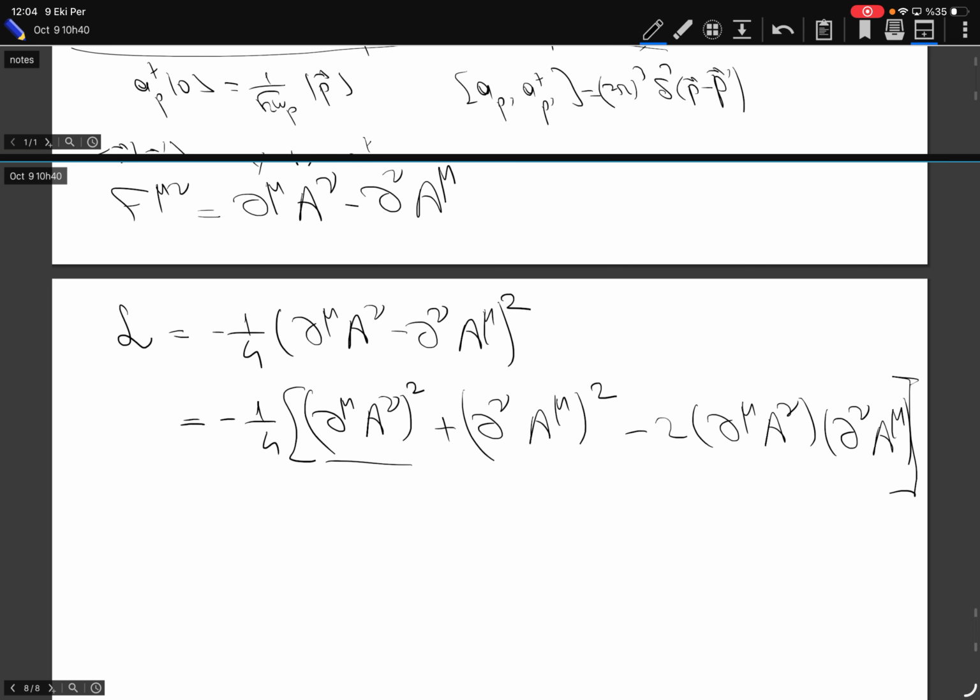Well, these two terms are identical. Do you see that? Because nu and mu are dummy indices. In the square, they appear twice. I can just change their names. So if in the second term I change the name nu to mu, and mu to nu, then the second term just becomes the first term.